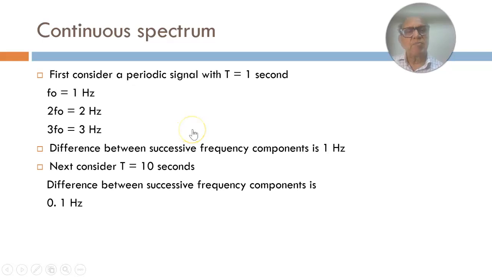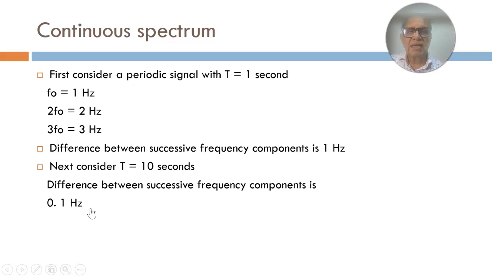Second harmonic will be 0.2 Hertz and so on. So in this case, you find that the difference between successive frequency components has reduced from 1 Hertz, it has become 0.1 Hertz. So as you go on increasing the value of T, this difference between successive frequency components goes on decreasing.